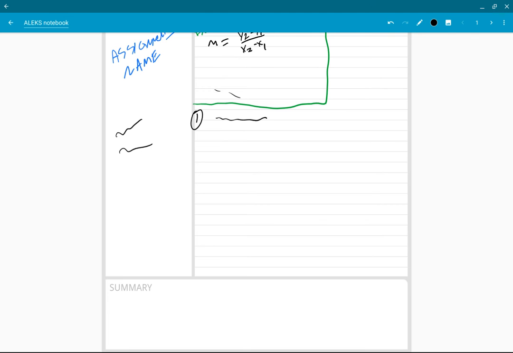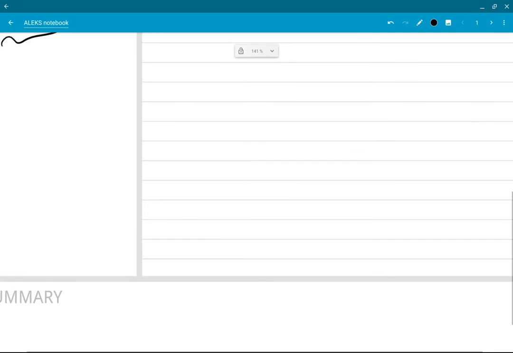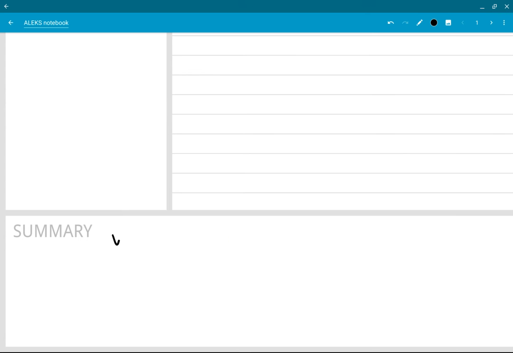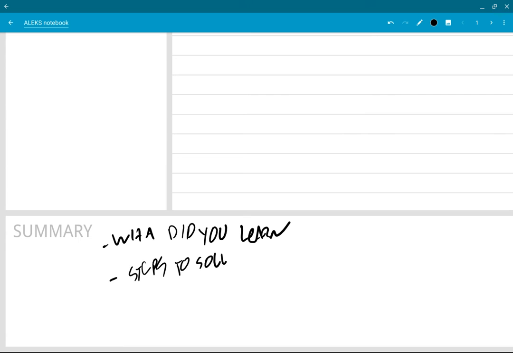This could also be where you ask. So summary is going to be what did you learn? If there are steps that you developed or fell into as solving it, write down what those steps are.